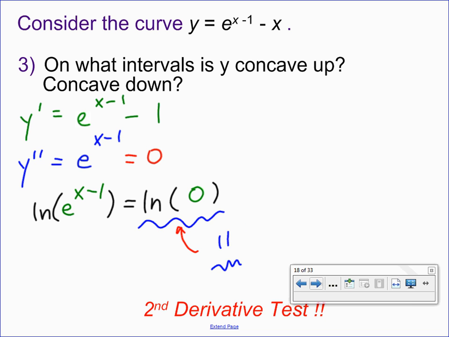What's ln of 0? Undefined, and so there are no values of x. We get an equation that is never true. That just means that there are no values of x for which y double prime equals 0. So no possible points of inflection.